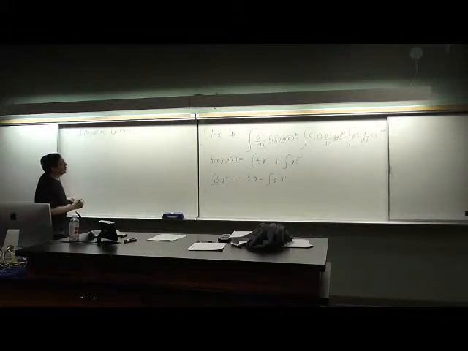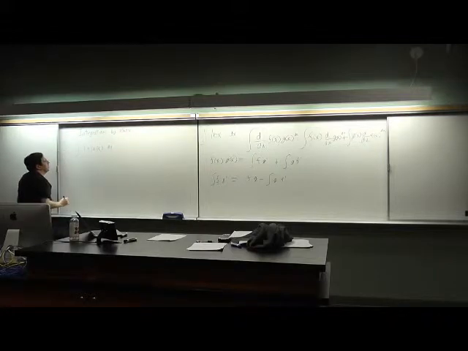So here's what I do. First, I identify what the two things are that are being multiplied here. And I call the one that I want to find the derivative of f.